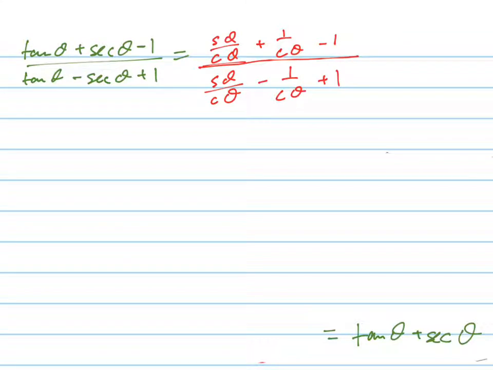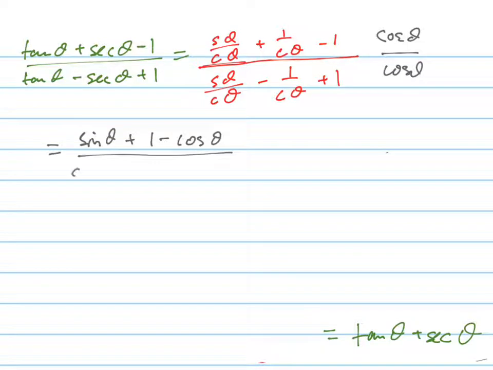Now I'm going to multiply everything by the cosine of theta over the cosine of theta. And when I do that, I will get sine theta plus 1 minus cosine of theta, all over sine theta minus 1 plus the cosine of theta.